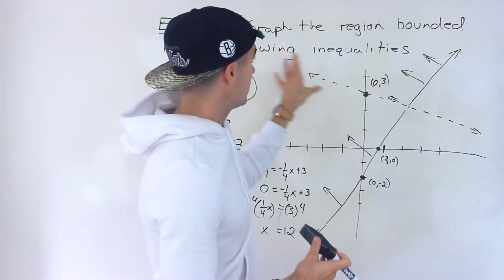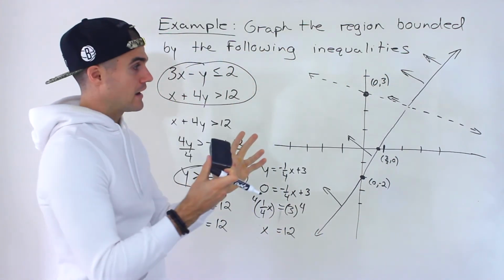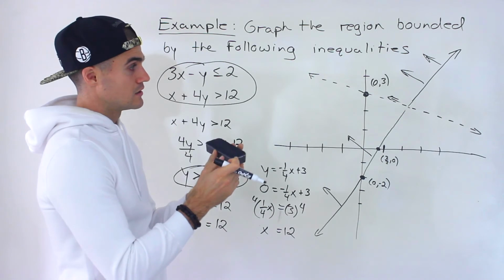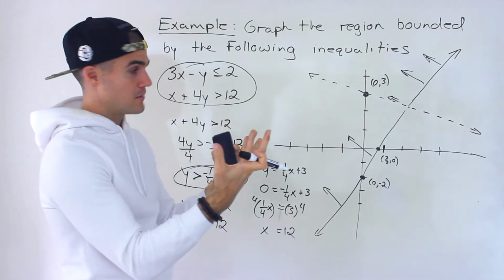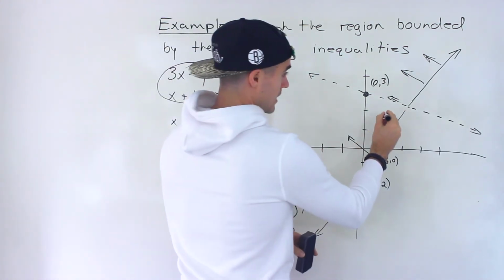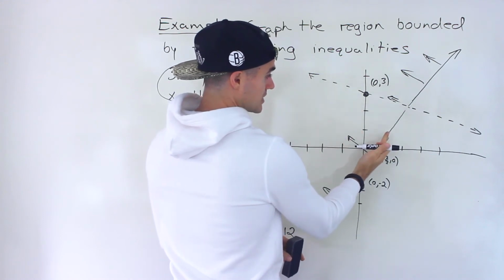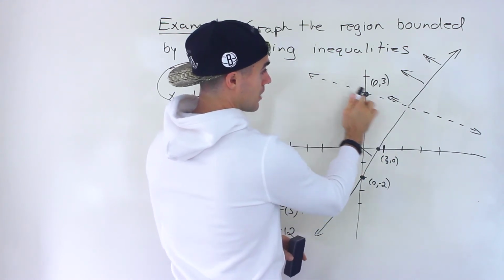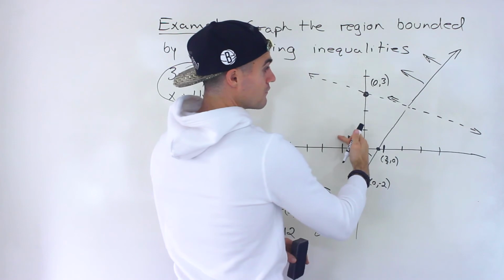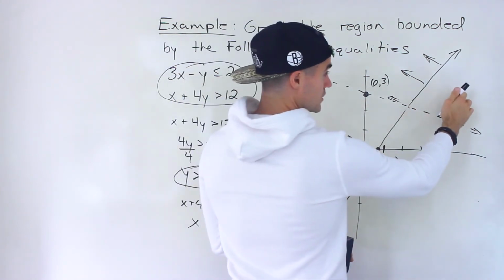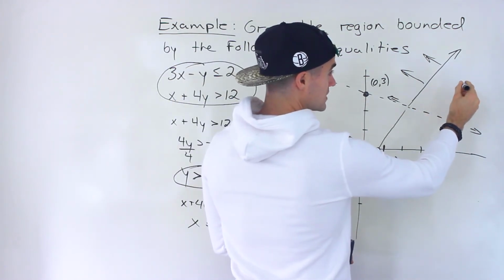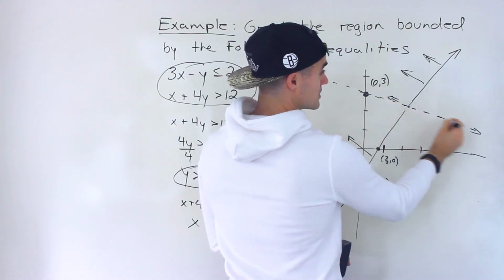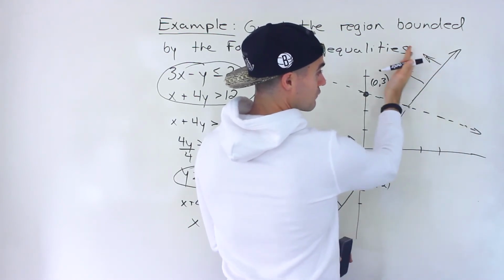And so when you're looking for the region that's bounded by the inequalities, it has to be the region that's shared by both. So notice, for example, this region is part of this first inequality, but it's not part of the second inequality because it's all the y values below. This region is part of the second inequality because it's above this line, but it's not above that first line.